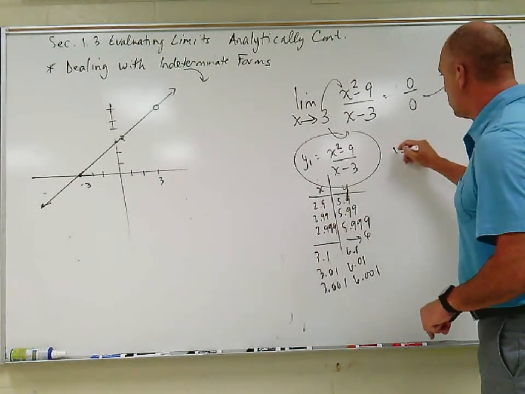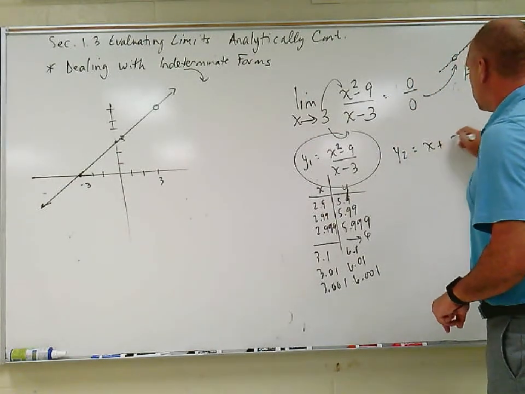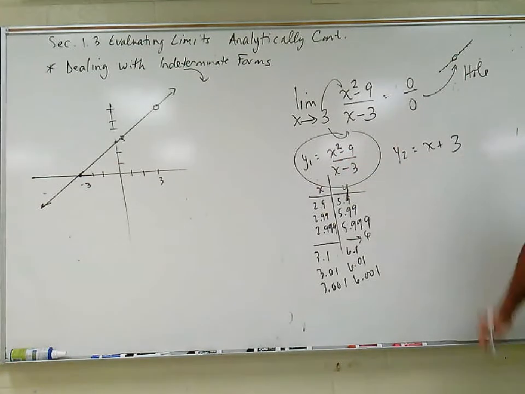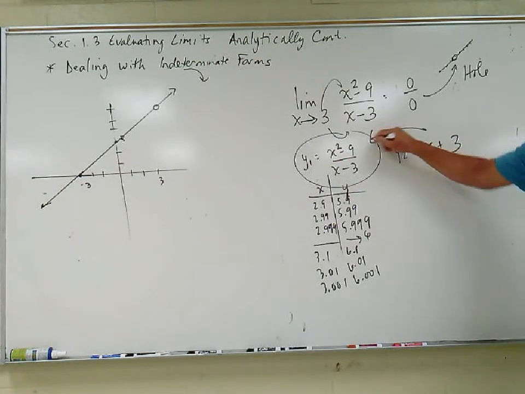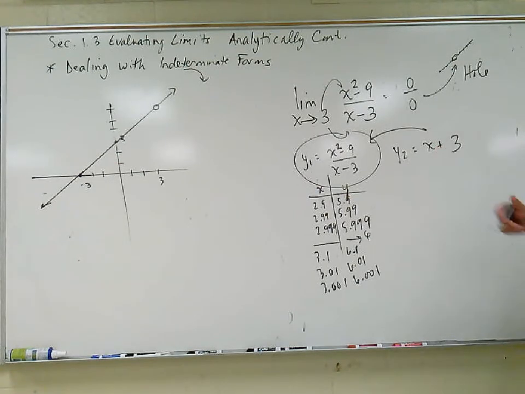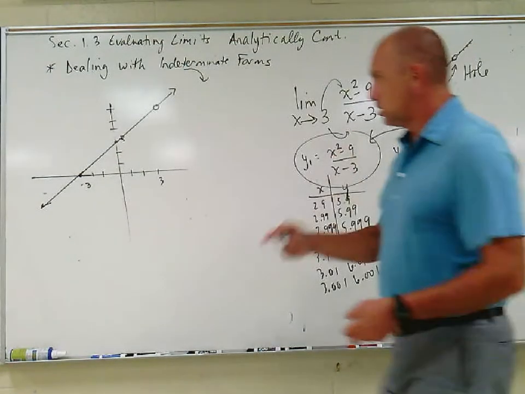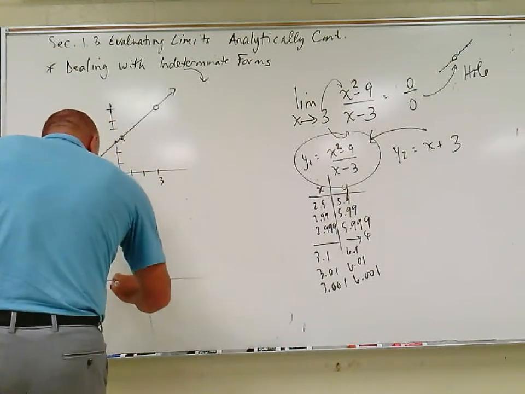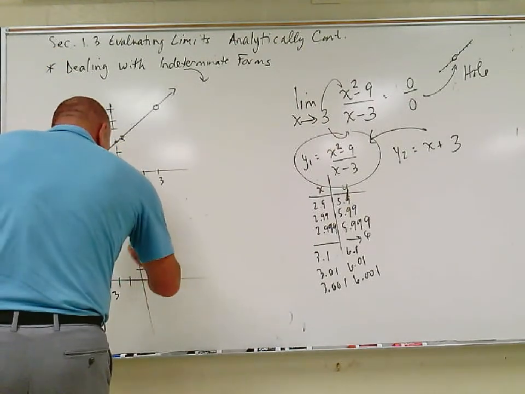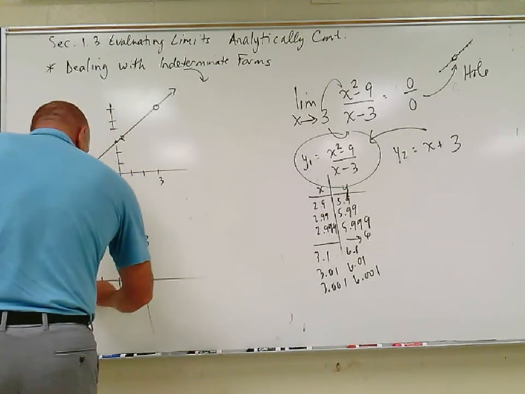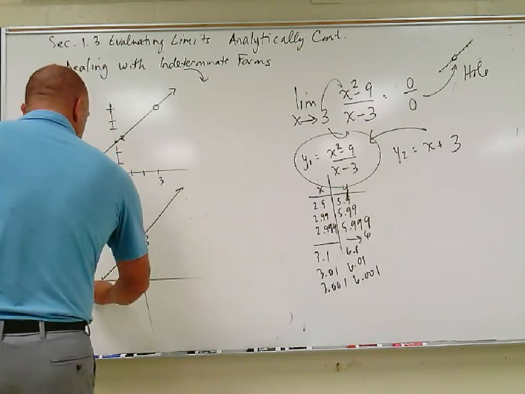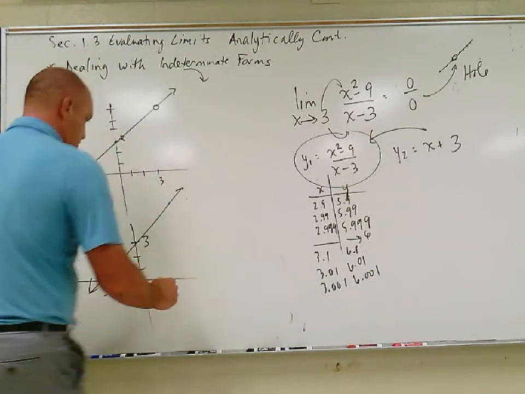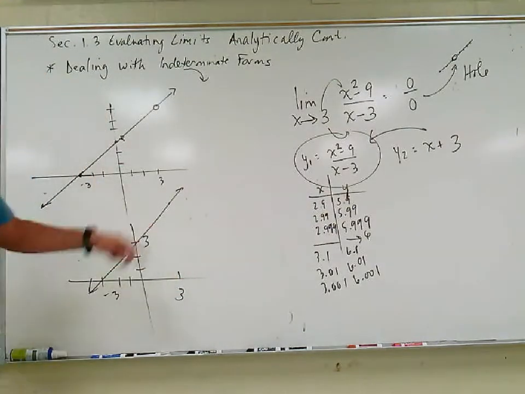If in y2 you graphed x plus 3, you're going to see that these two would lie on top of each other. If I just graph x plus 3, it's going to look exactly like this, except x plus 3 doesn't have a hole at 3.